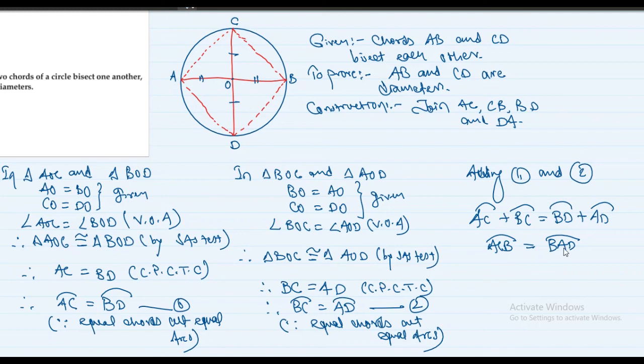So when arc ACB is equal to arc BAD, sorry, BDA, ACB plus BDA is the whole circle, but arc ACB plus arc BDA is equal to circumference.